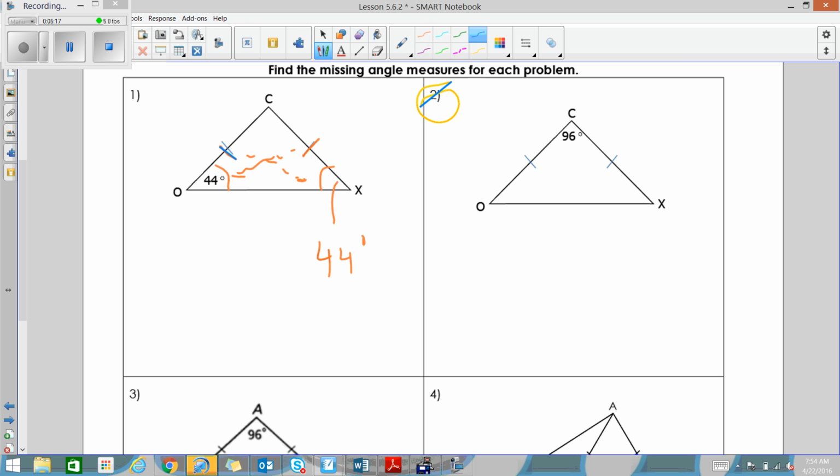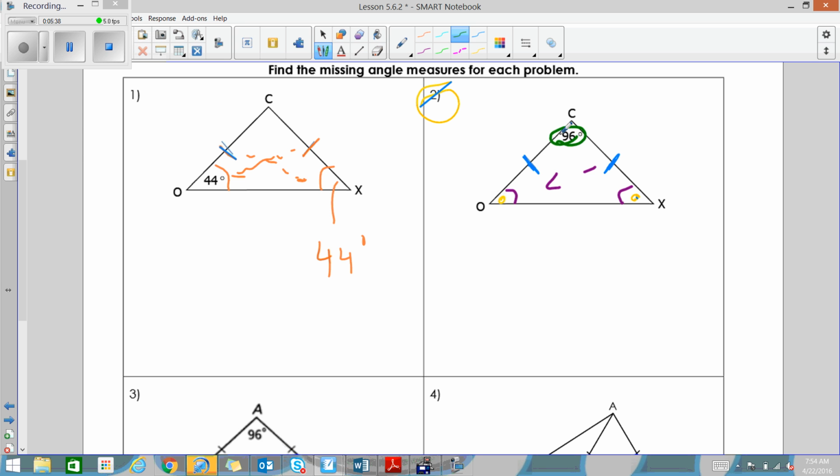Now, number two, again, look at what's given to you. We have a side congruent, we have a side congruent in the same triangle. Yes, these sides being congruent means that these angles are congruent. But I don't have an angle measure here. I don't know what that is, and I don't know what that is. Uh-oh. Well, we do know this vertex angle, 96.